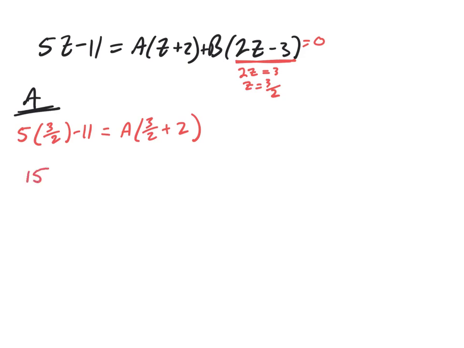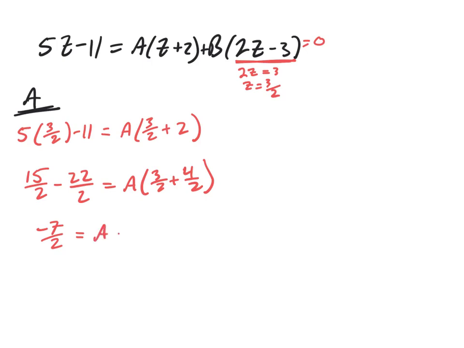So we have 15 over 2 minus 22 over 2 equals A times 3 halves plus 4 halves. Now that they're all with a common denominator of 2, it's easier to work with. So 15 minus 22, we get negative 7 halves equals A times 7 halves.